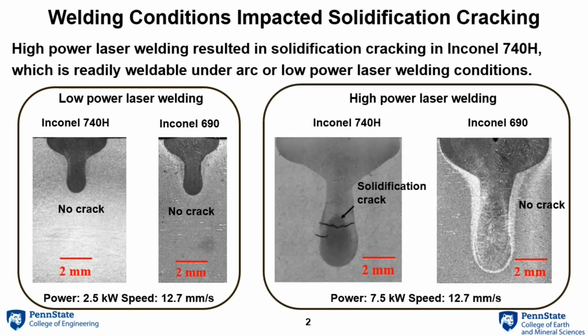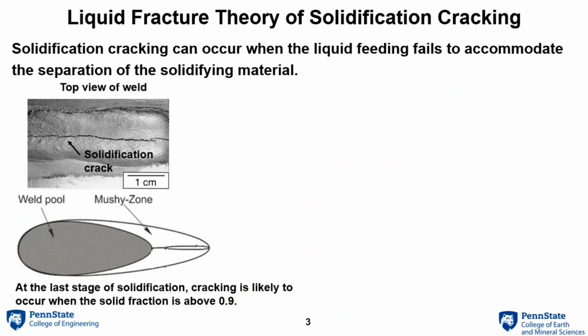However, as we start using high-power laser welding, we can see this horizontal solidification cracking in Inconel 740H, while no such cracking appears in Inconel 690. That means that solidification cracking susceptibility varies not only between alloys, but also with different welding conditions.